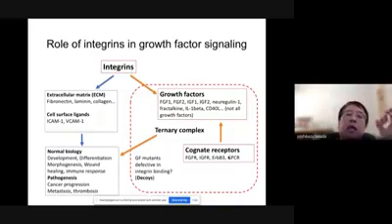Then they make a ternary complex, integrin, growth factor, and receptor. This complex formation on the cell surface can be detected biochemically.